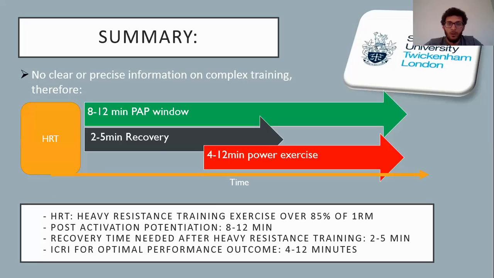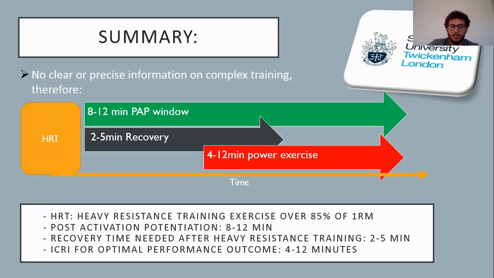In summary, there is no clear or precise information on the complex training method, but from the findings and the combination of the information gathered, complex training should be as such. Performing a high load resistance exercise of over 80 to 85% of 1 rep max will need a rest between 2 to 5 minutes.